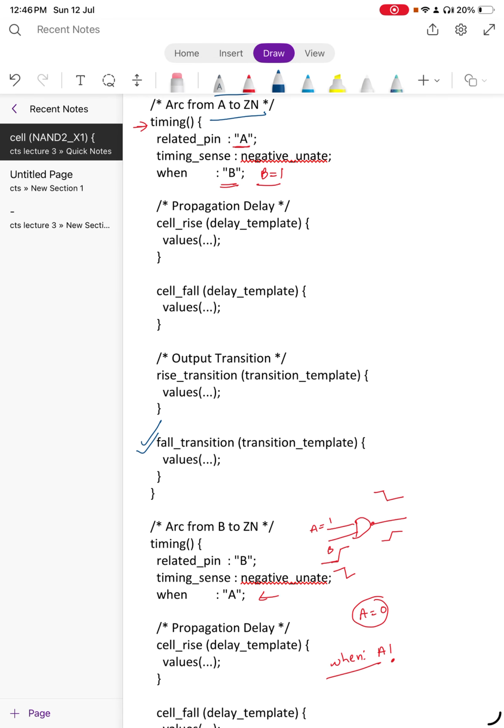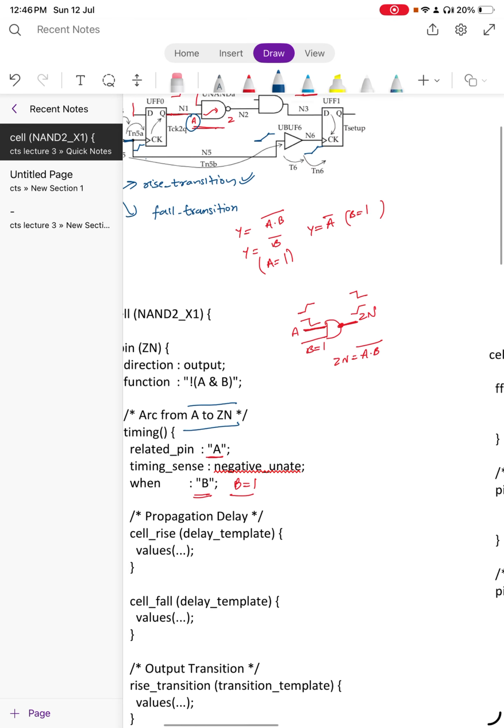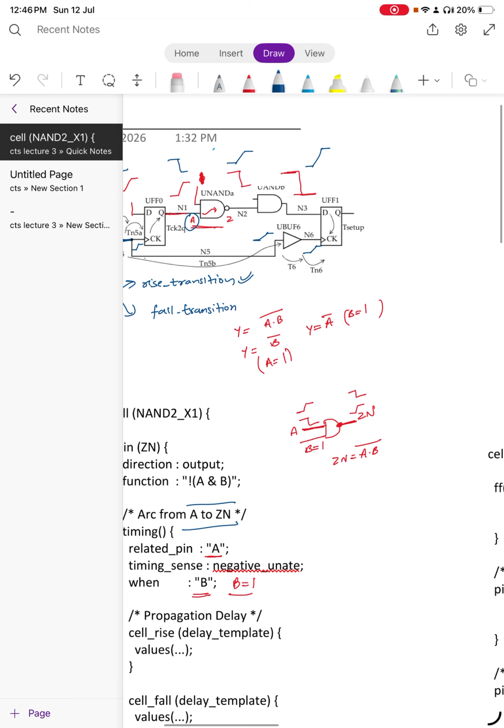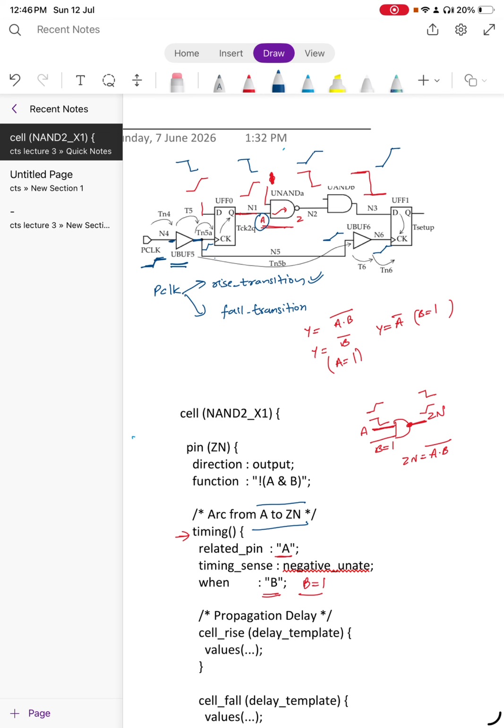We will have these values in the form of a lookup table as we saw just now. Similarly, for the NAND gate, it is also a function of input transition and output cap. So this is the concept about the transitions.